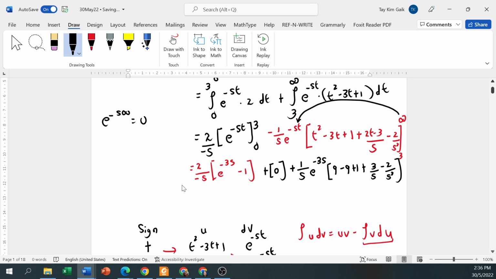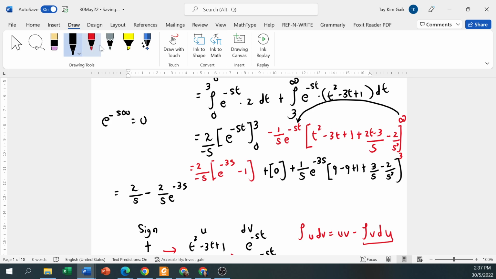Then you can simplify it. We'll write a bit here. Mention out this one, it becomes 1 minus exponent negative 3s. Or expand, let me expand it. So 2 over s minus 2 over s exponent negative 3s.